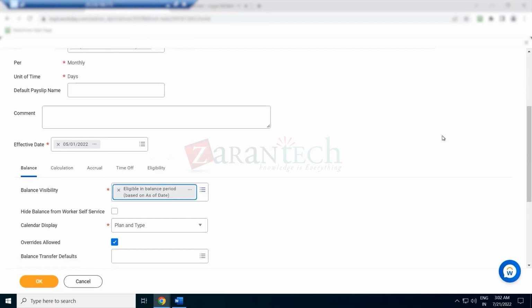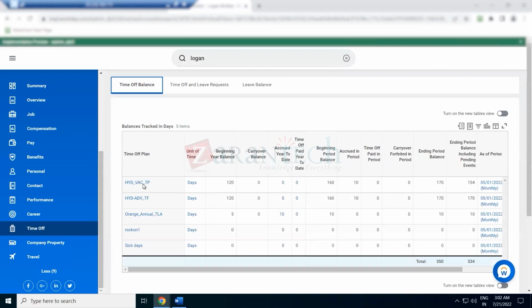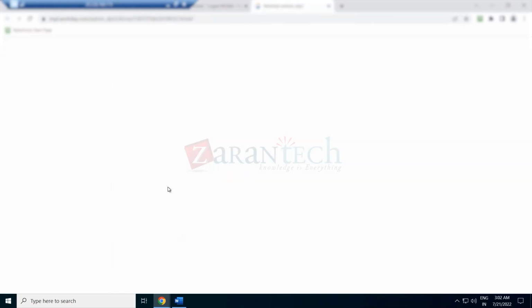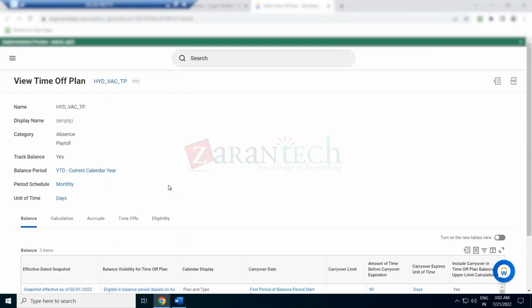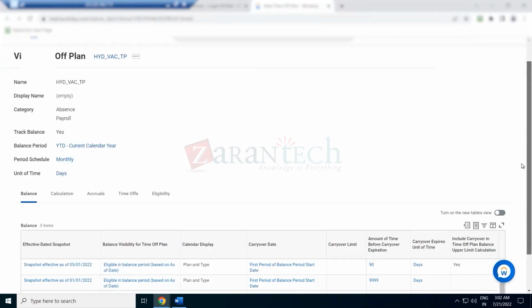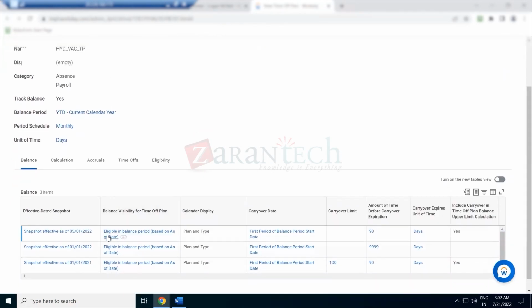Would you mind showing me a worker, and I want to see what it shows? Let's take this example. Balance visibility, does it control this? This particular worker has eligible as of balance period.